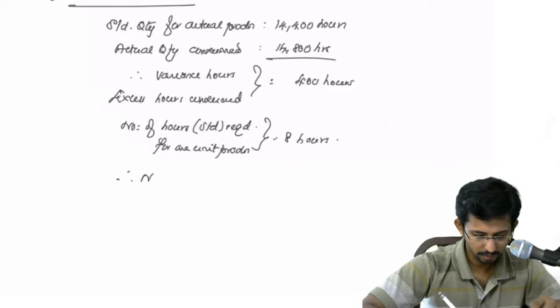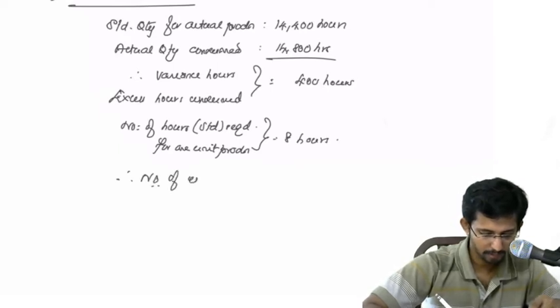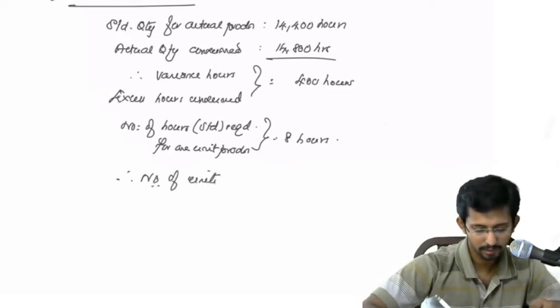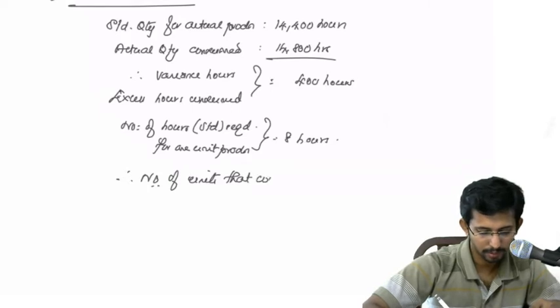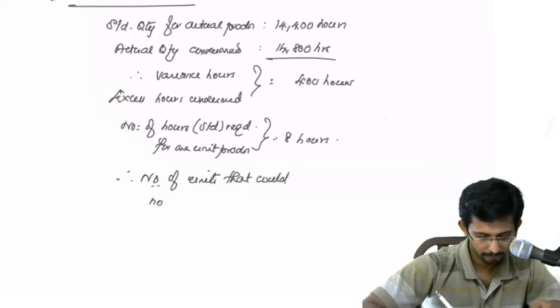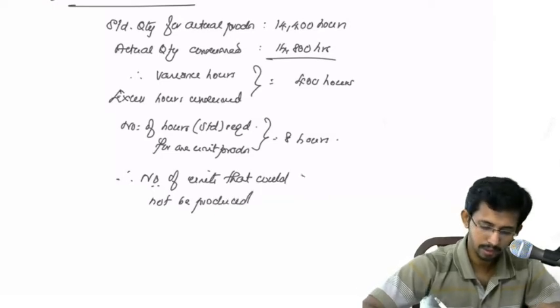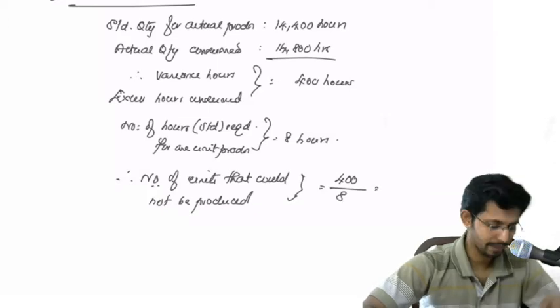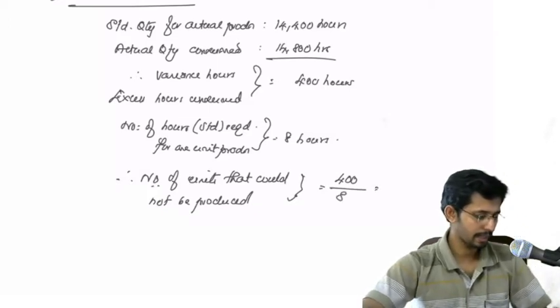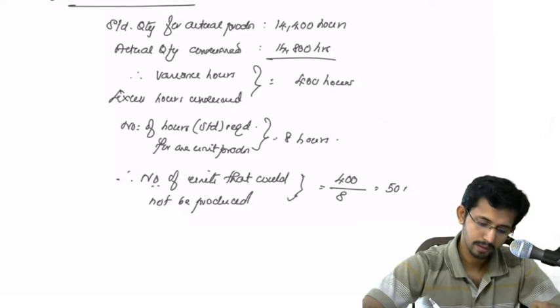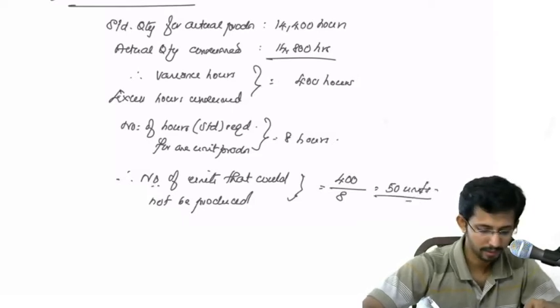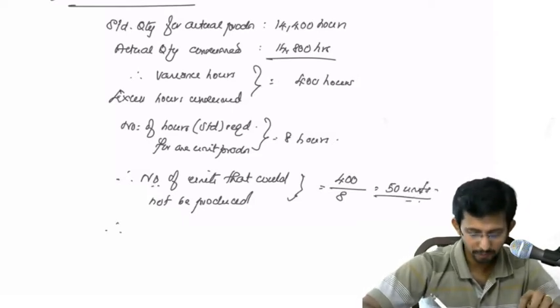Therefore, number of units that could not be produced is equal to 400 divided by 8. 400 divided by 8 will be 50. 50 units. Therefore, contribution foregone.